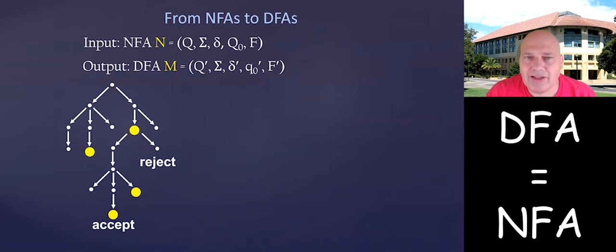And how can this poor DFA monitor what happens in an exponential number of possible paths?